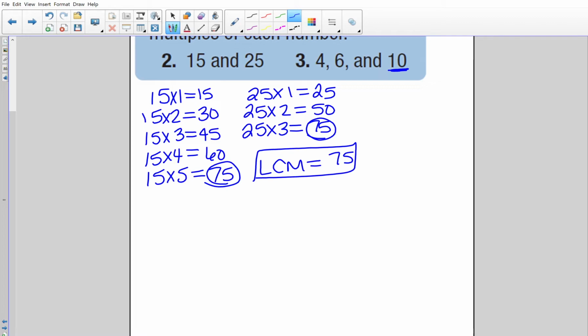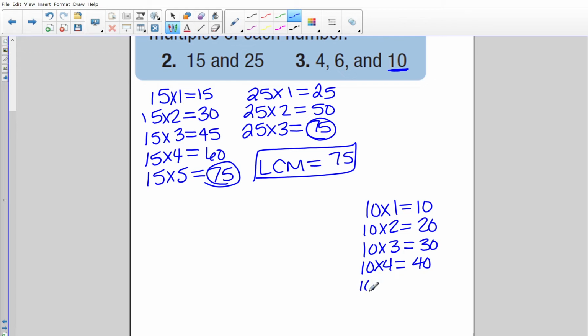I can do the whole list if I want to, but some of these can get really long. So what I could do is just start thinking about 10 times 1 is 10, 10 times 2 is 20, 10 times 3 is 30, 10 times 4, 40, 10 times 5.